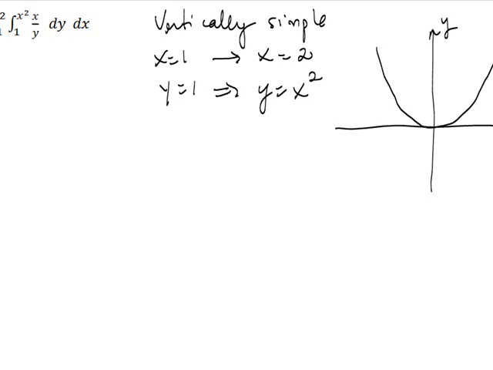Okay, what do we have here? We need to go from x equals 1 to x equals 2. So let's say this is 1 here and this is 2. Then you can put a little dotted line. I should have drawn it a little bigger.